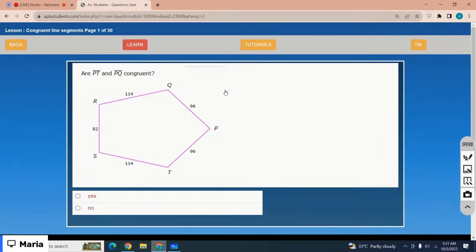Are PT and PQ congruent? Okay, PT is 96, and PQ is also 96. So they have the same side length. So yes, they are congruent, right?